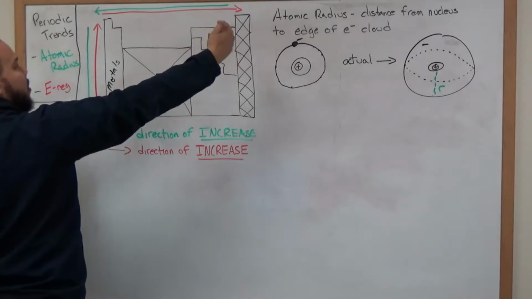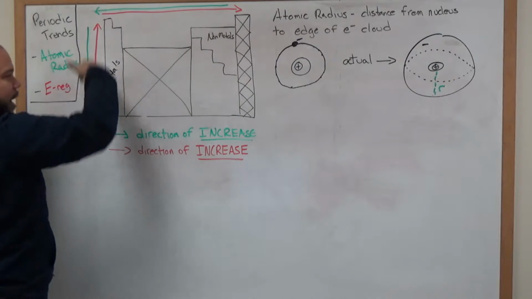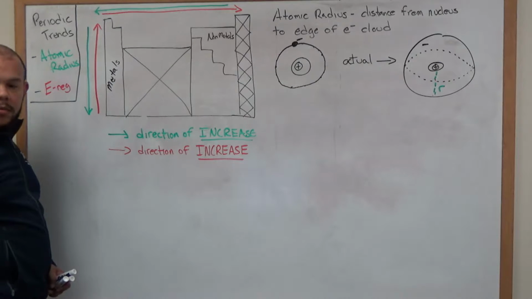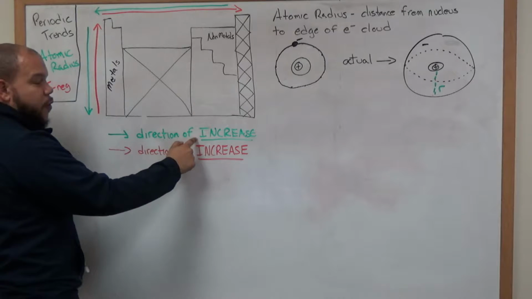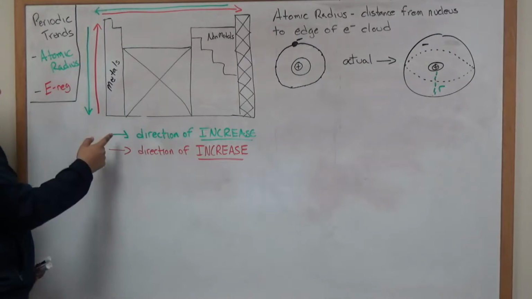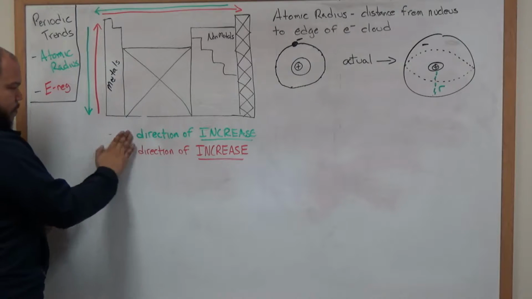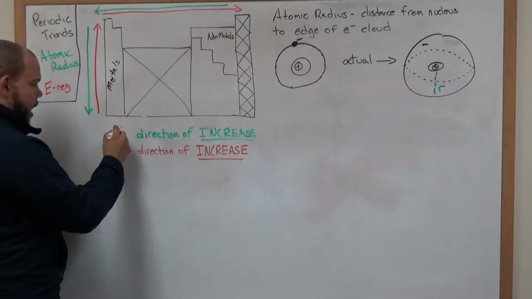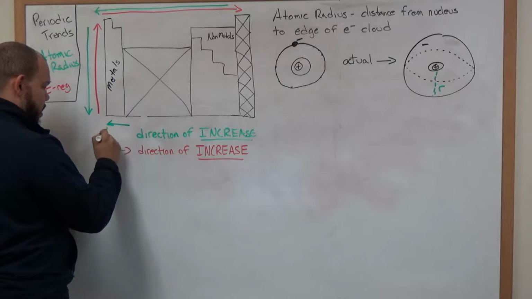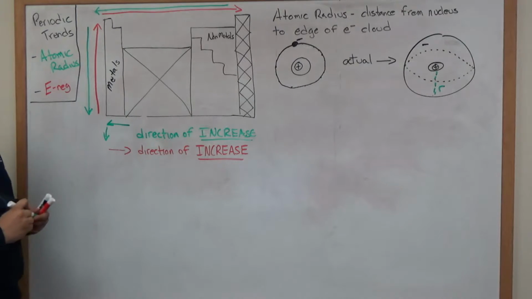So the trend is right to left, and up to down. And this is the trend direction of increase. Notice where my arrow is pointing is the direction of increase. And better explained as left and down for atomic radius.